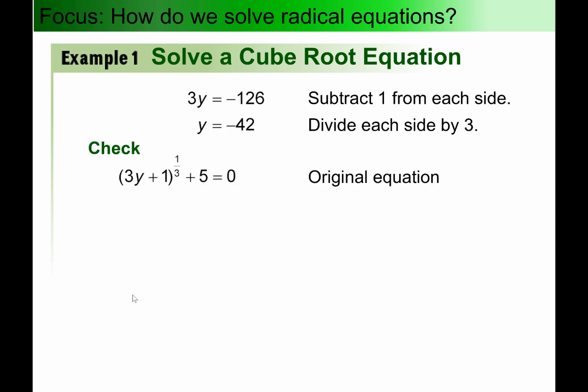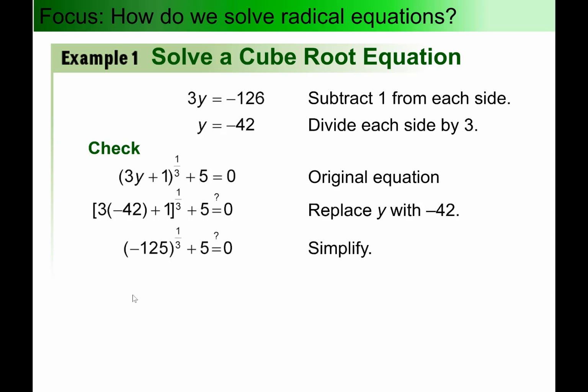We're going to check the solution in the original equation by substituting negative 42 in for y. We're going to evaluate first what's inside the grouping symbol. So I'm going to do the 3 times negative 42 and then add 1 to it.